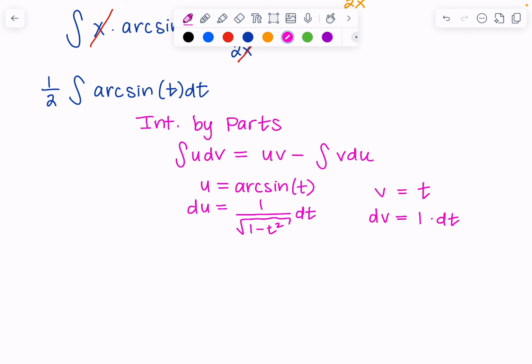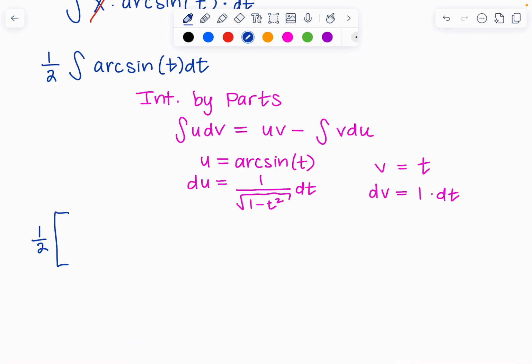Okay, now we can substitute what we know into this integration by parts piece. So I still have this big 1/2 in front. I'm going to use large brackets here. And then instead of having my integral of u dv, I'm going to use integration by parts and do uv minus the integral of v du. So this right here is what I'm trying to do.